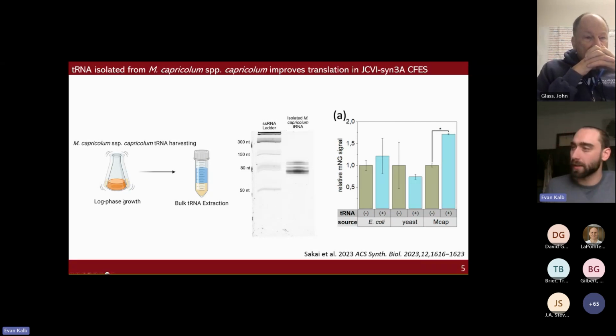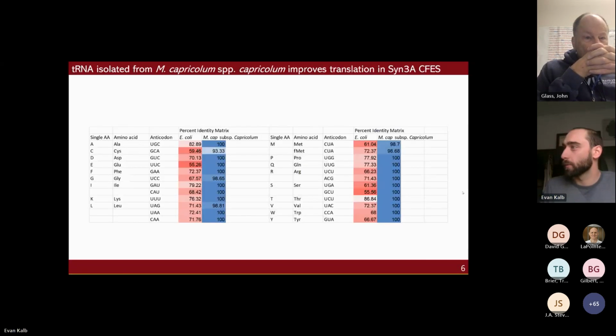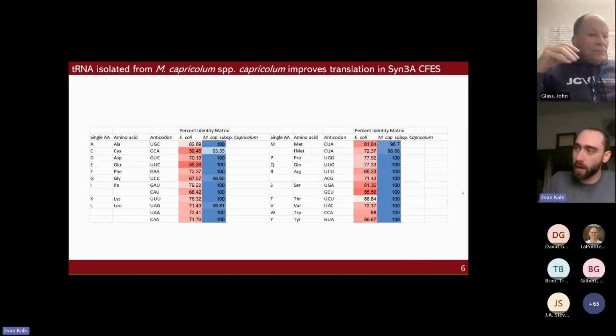So what I did is I grew up M. capricolum, which is related obviously to the JCVI Syn3A, and just bulk extracted out the tRNA. And here it is on the gel, behaving as tRNA ought to at its length. And sure enough, that increased the translation in a reproducible fashion. When I looked into a little bit more why this might be, it wasn't all that surprising.